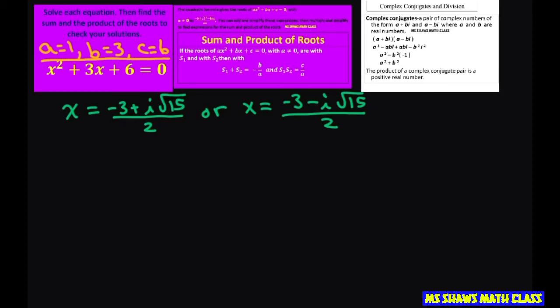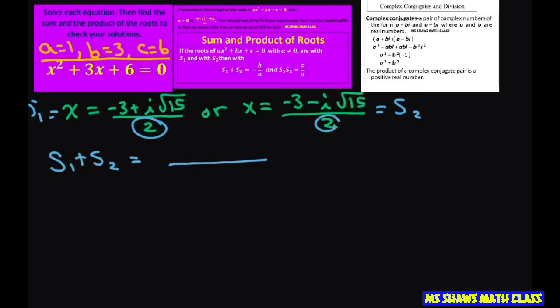So the first thing, let's add these up. Okay, so we'll call this solution 1, and this one we'll call solution 2. So let's add our two solutions up. Common denominator is 2, so we'll just put that in the denominator.